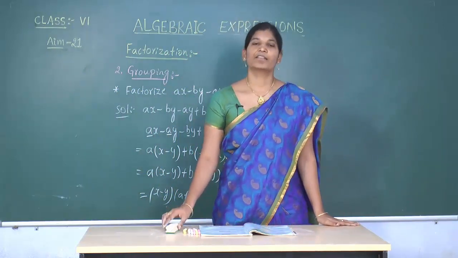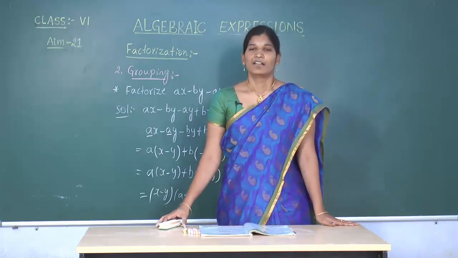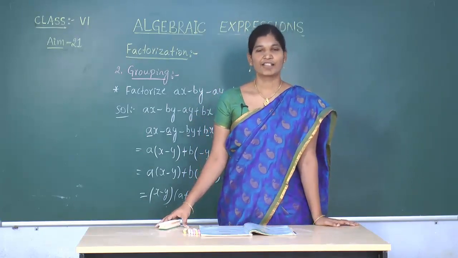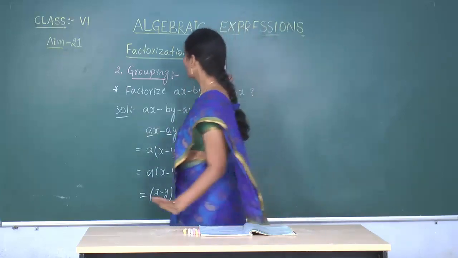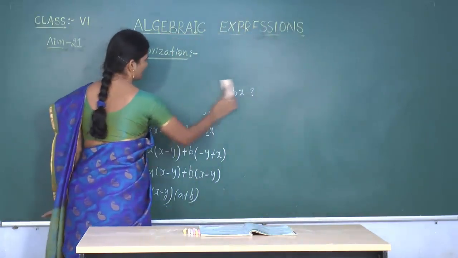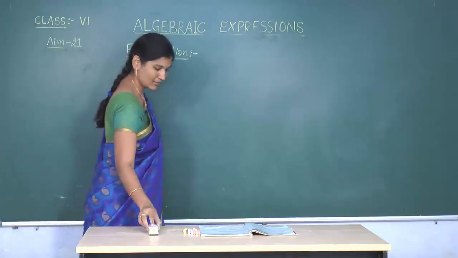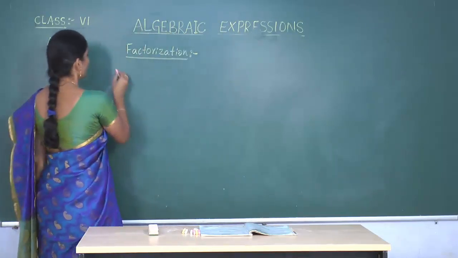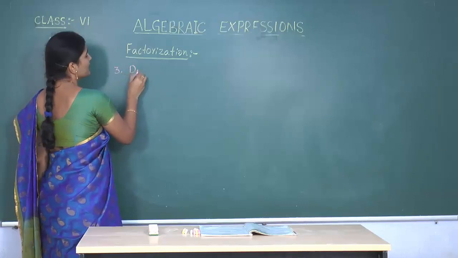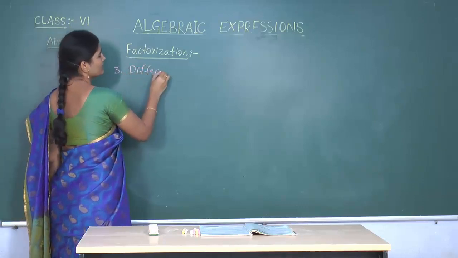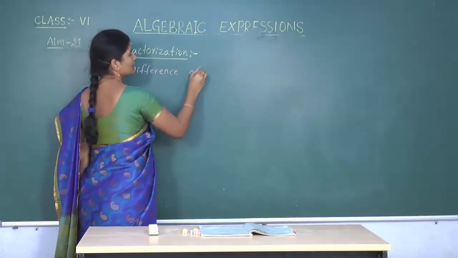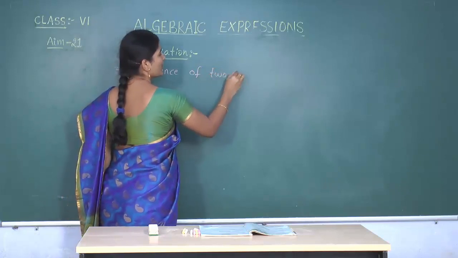And the third type is difference of two squares.